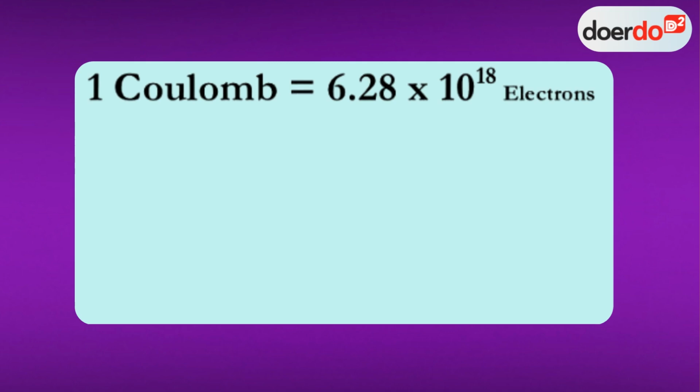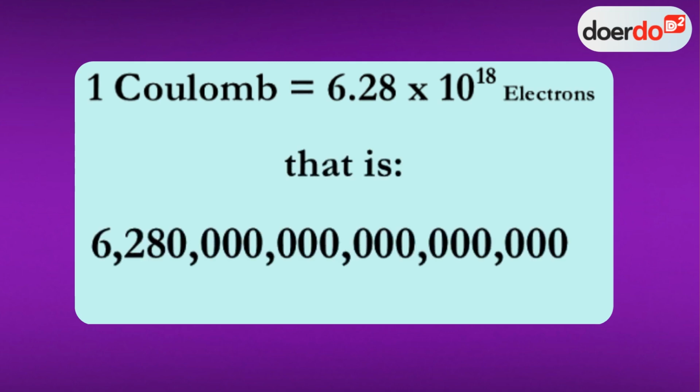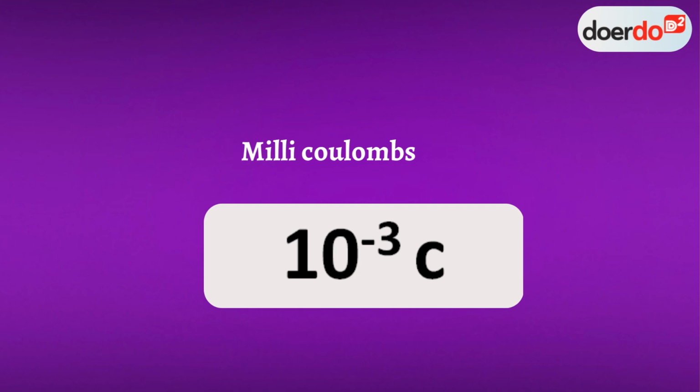So 1 coulomb is a very large quantity. So for practical purposes, or in electronics, we usually face charges which are in milli-coulombs or micro-coulombs. Milli-coulombs are usually given as 10 to the power minus 3 coulomb.